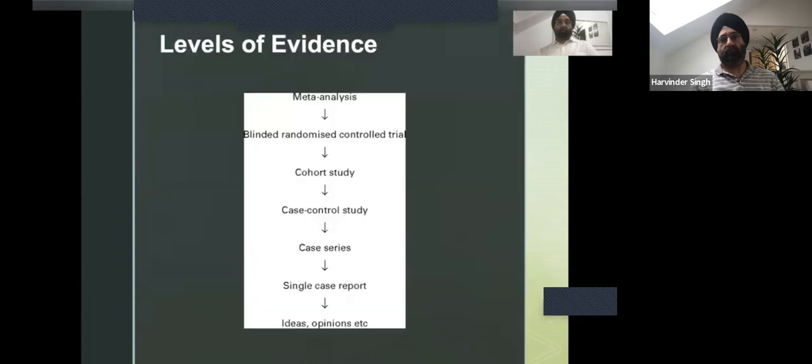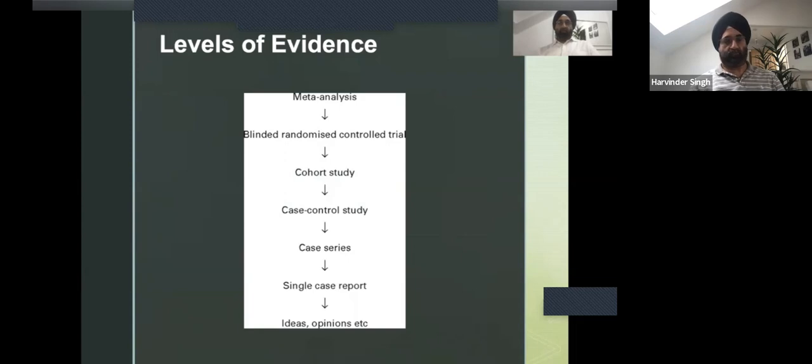What are the various levels of evidence? The highest one, level 1 evidence, is a good quality meta-analysis done on multiple randomized controlled trials with narrow confidence intervals. The level below it will be a blinded randomized controlled trial, a single study, or a cohort study.